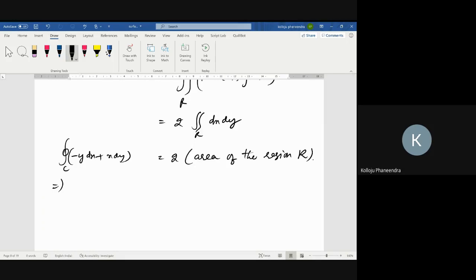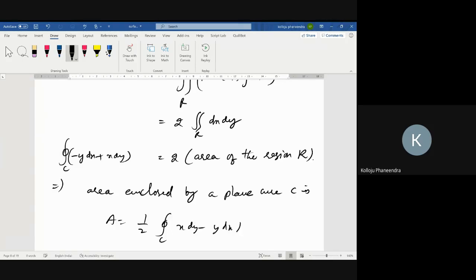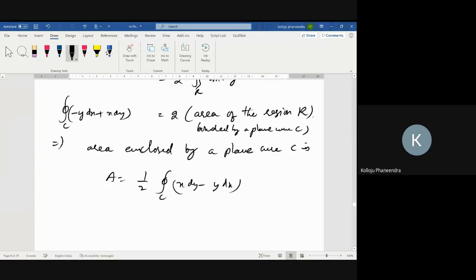Therefore the area enclosed by a plane curve C equals 1 by 2 integral over C of x dy minus y dx. Take the 2 to this side. This is the area of the region R bounded by the plane curve C. That's it, this is the area formula.